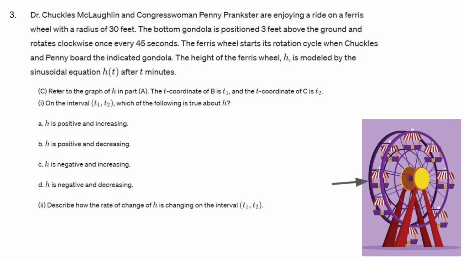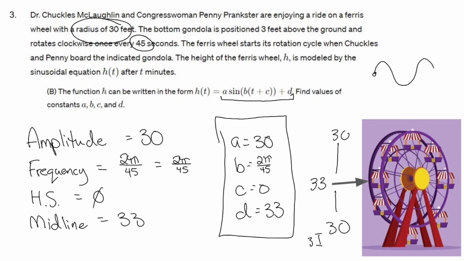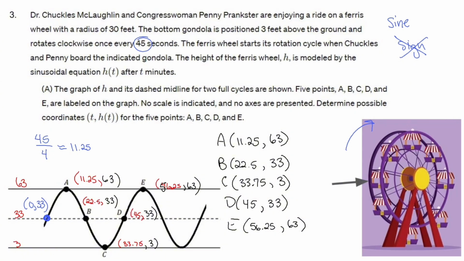Now, this guy is typical of what you can expect to see for these types of problems. If you remember, the picture that we were given had A up here. Let me double check. Yep.